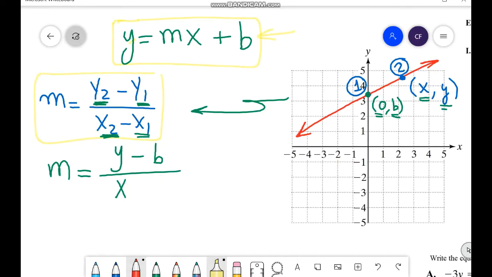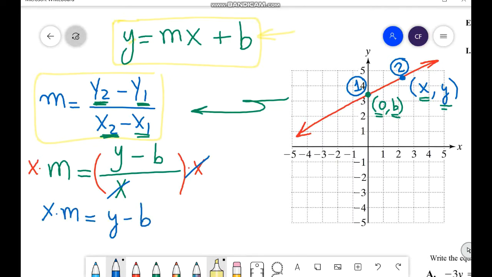Now we can simplify and have only y on one side of the equation. So we multiply both sides by x to eliminate the x in the denominator. Then we have x times m equals y minus b.